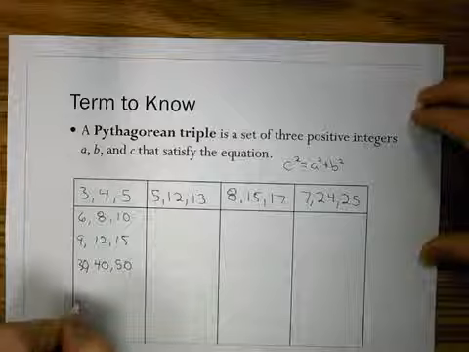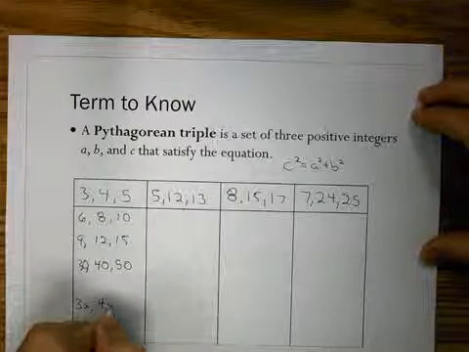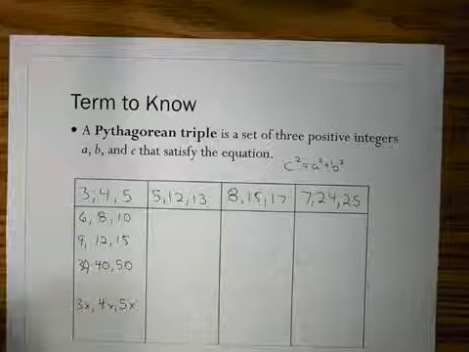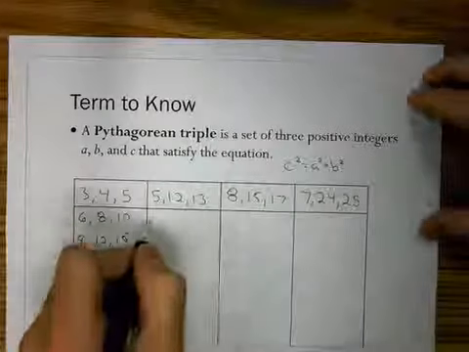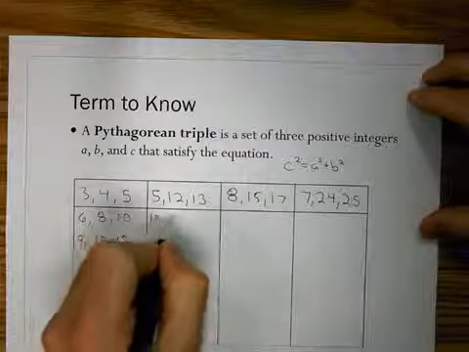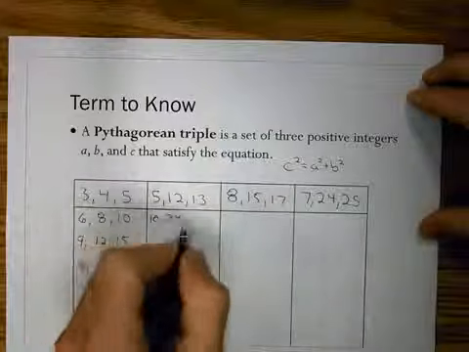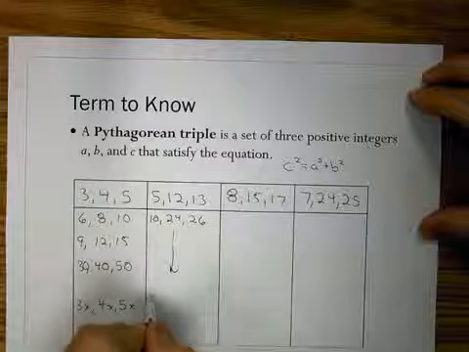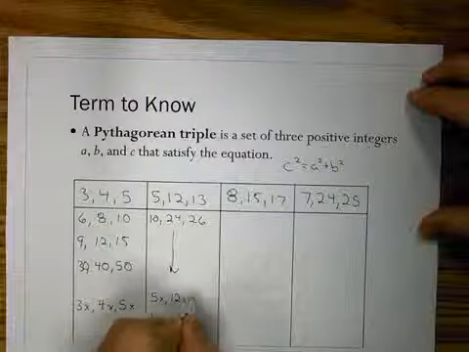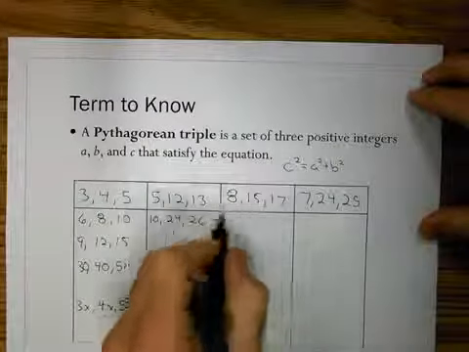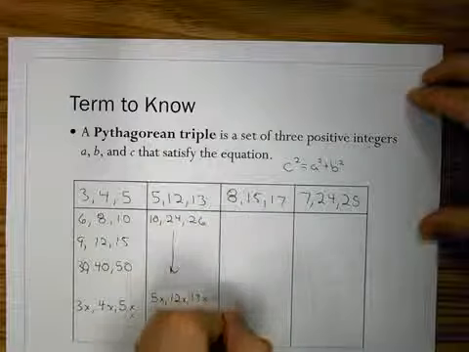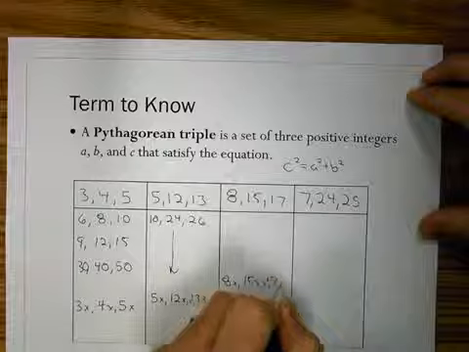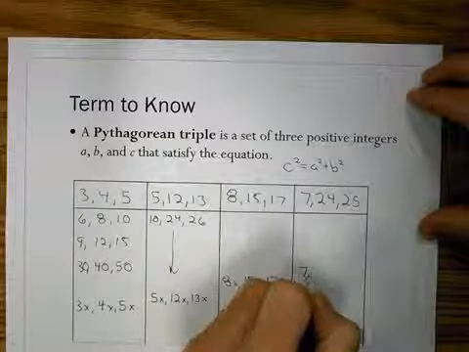And it's really any multiple of those numbers would work for Pythagorean triples. Same idea, 5, 12, 13, I can multiply them by 2. 10, 24, 26. I can multiply 8, 15, 17 by any multiple, as well as 7, 24, and 25.